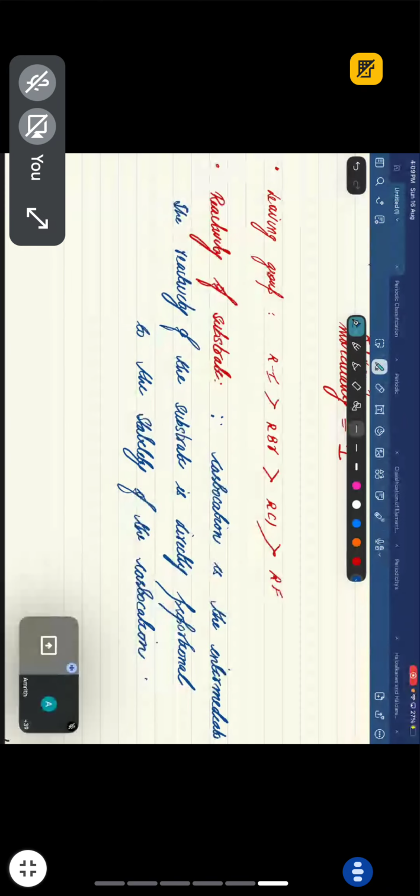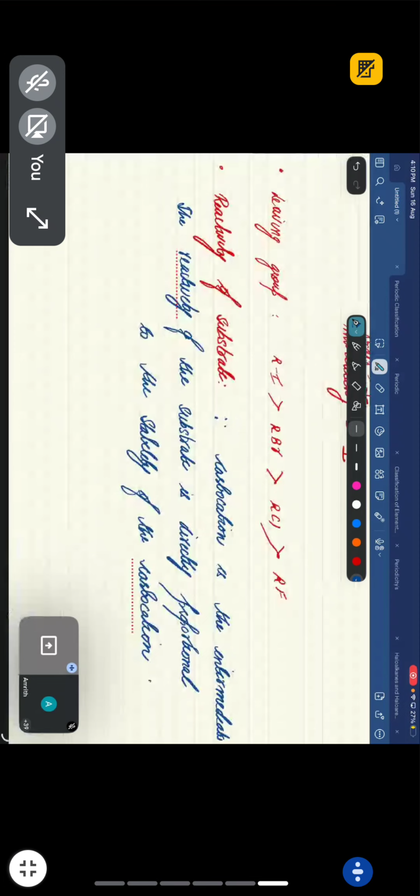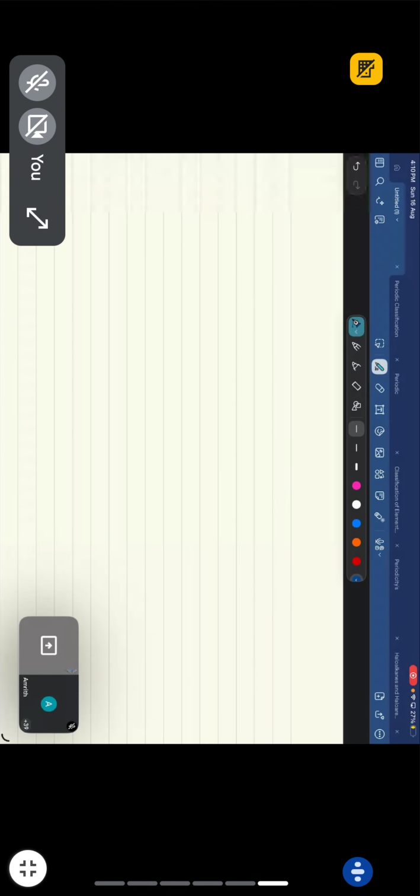See, let's say I'm walking from here to here. If only I have a purpose, will I walk? So any reaction is carried out with a purpose. If a carbocation is formed, only if the carbocation is stable, the rate of reactivity will be higher. Are you understanding? So if the intermediate is not stable, will the reaction want to occur? No. So now tell me, among the carbocations, is primary, secondary, or tertiary more stable?